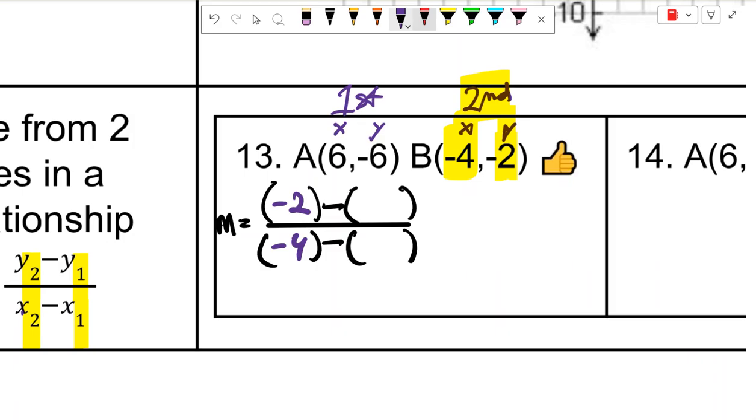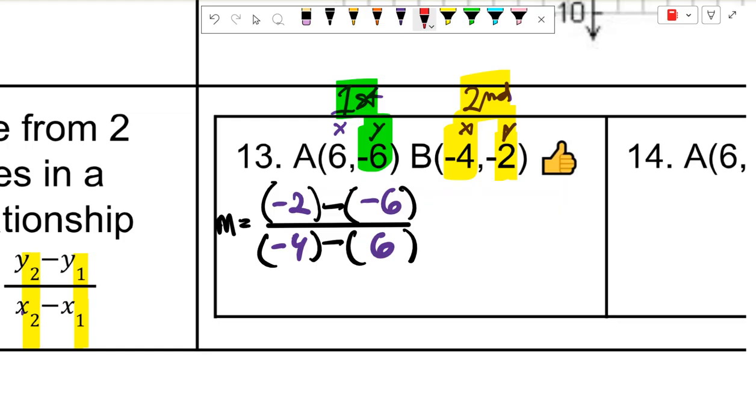Now we're going to go for the other one. The first y goes up at the top because that's where it says it over there. So we'll put -6 up here. And then that's the first x, and that goes down here. Okay, now time to do the math from Unit 1.